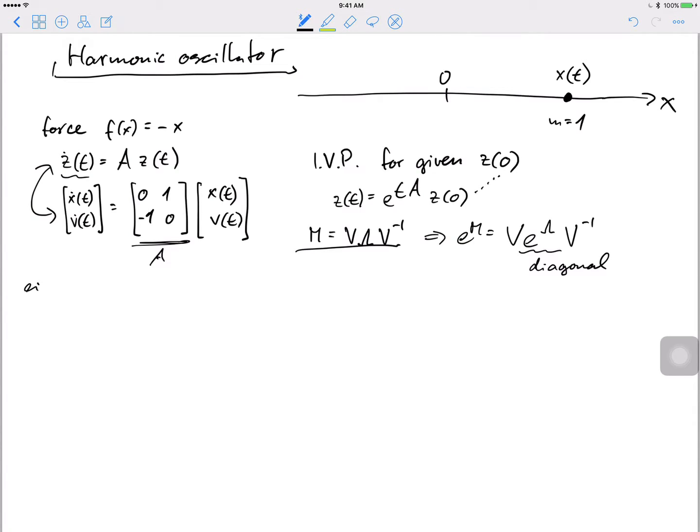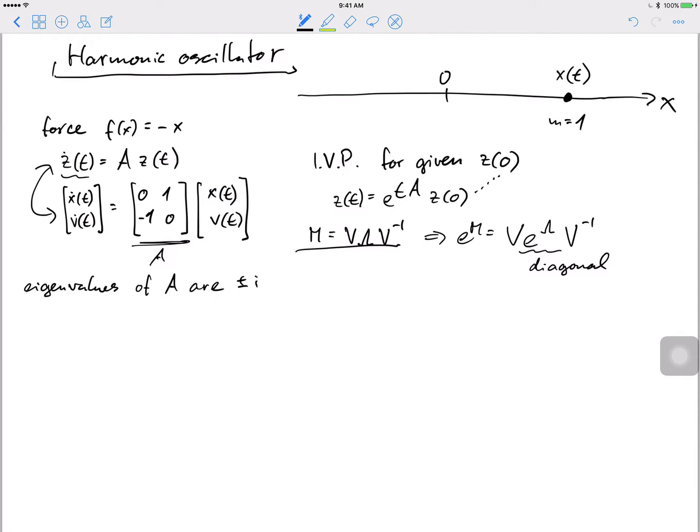And we already said the last time that eigenvalues of A are plus and minus i. They're complex eigenvalues. That's no surprise because the matrix is a rotation, so it has complex eigenvalues.